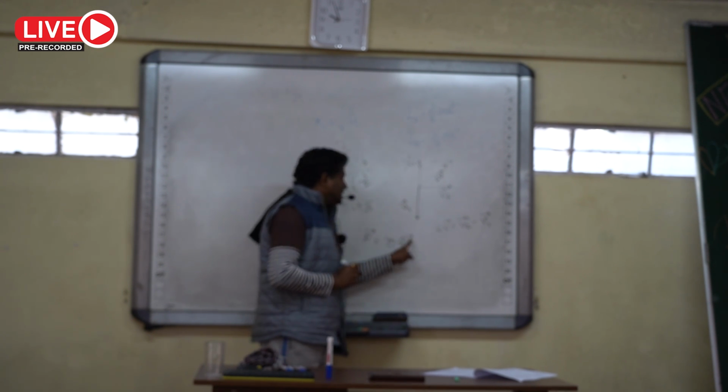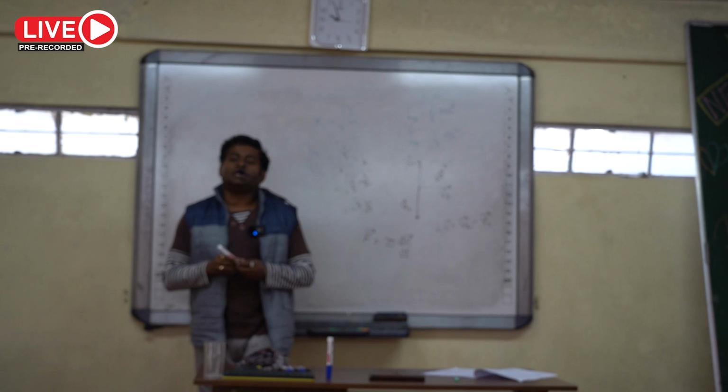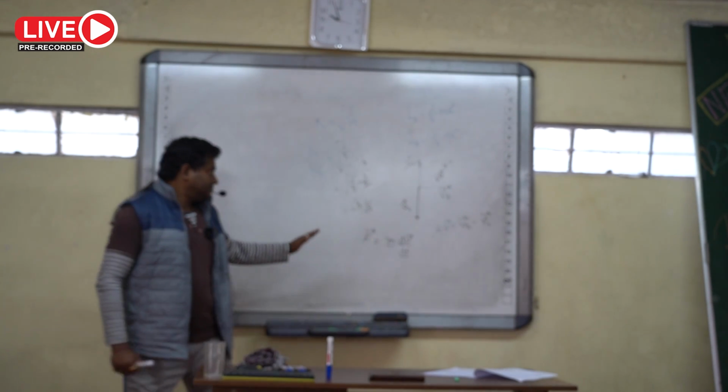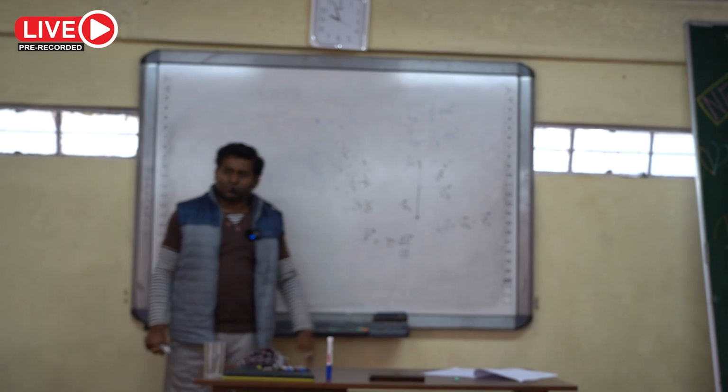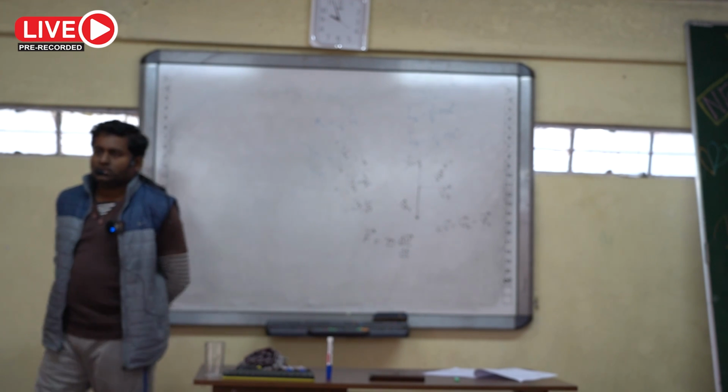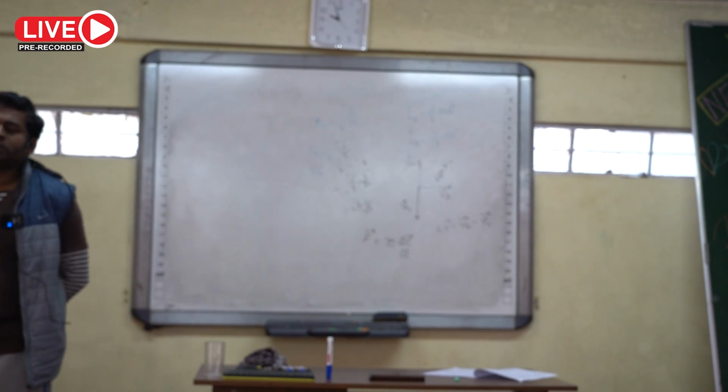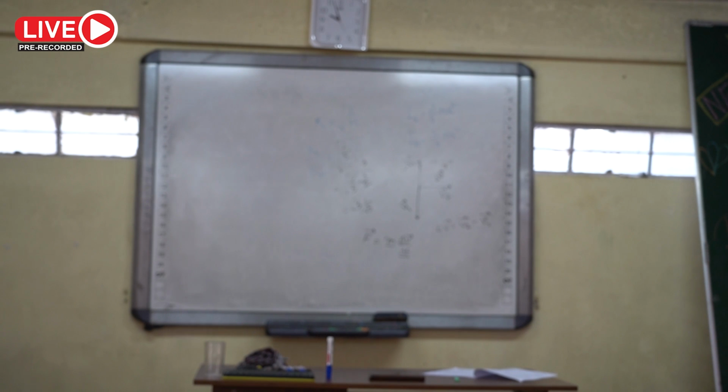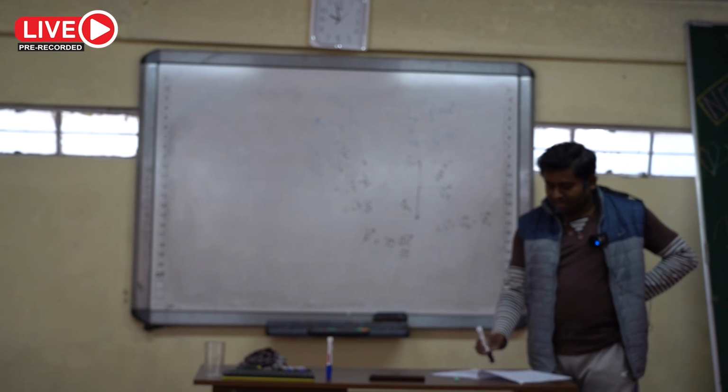So direction of force and direction of change in velocity are the same, that is towards northeast. Changing velocity means the direction of acceleration. And direction of acceleration is the direction of force. Clear? Then question number 5.